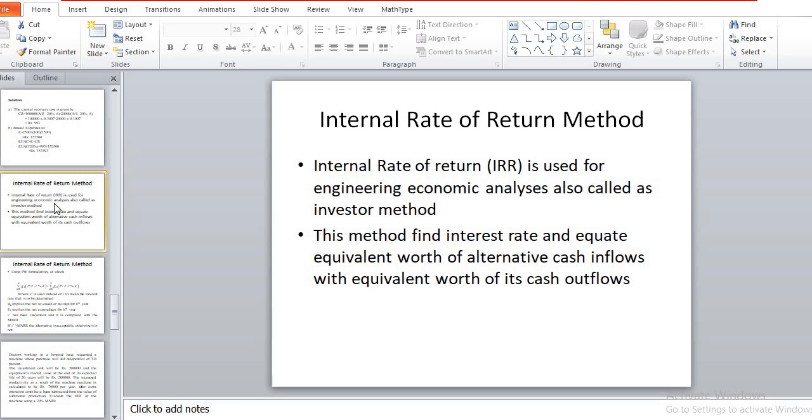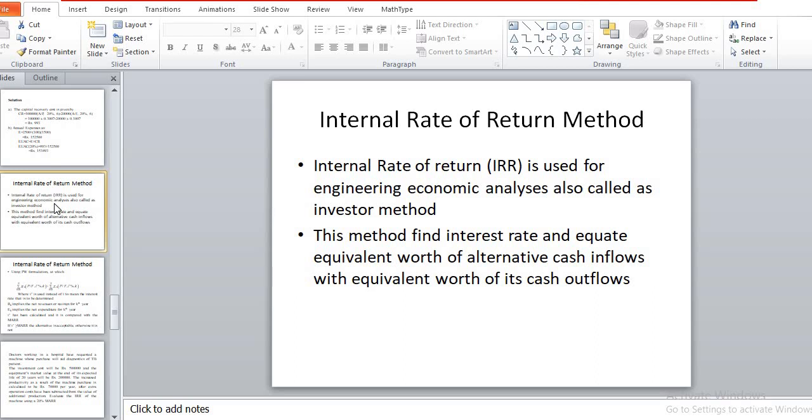This method finds the particular interest rate by considering cash outflows and cash inflows.